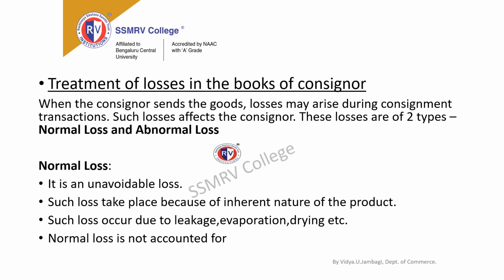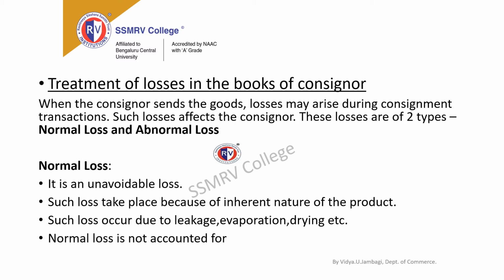When goods are lost or damaged due to normally expected but unavoidable causes, then they are referred to as normal loss. That is, normal loss is an unavoidable loss. It is such a loss that takes place because of the inherent nature of the product. The very nature of the product is such that it is bound to incur some amount of loss which is unavoidable.